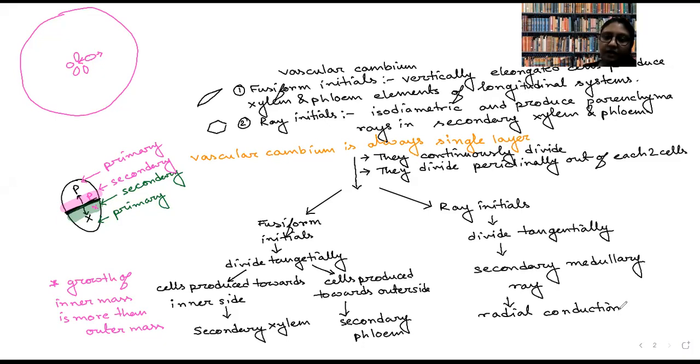So, as I said, I wish to elaborate more that the primary phloem gets crushed. Ma'am, so now between the cambium, the primary medullary ray is between phloem and xylem. Between xylem and phloem there is the primary medullary ray. I will label and show you.